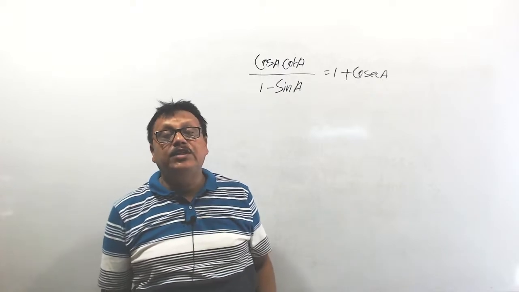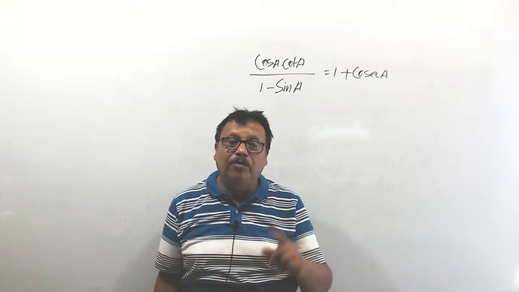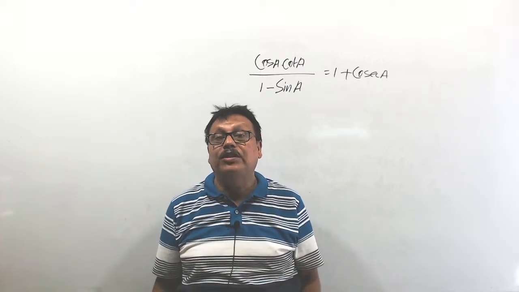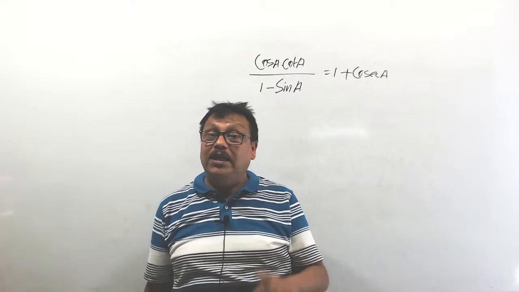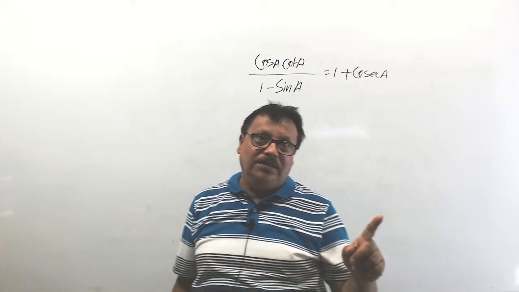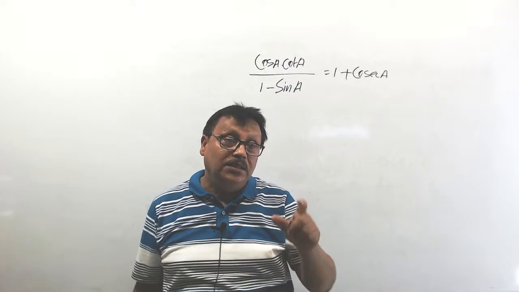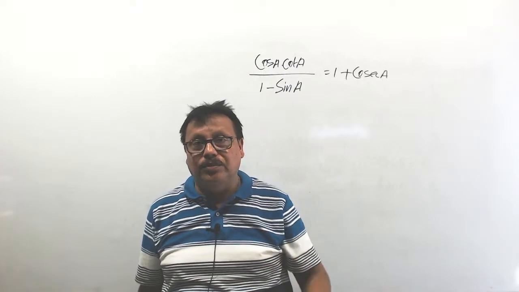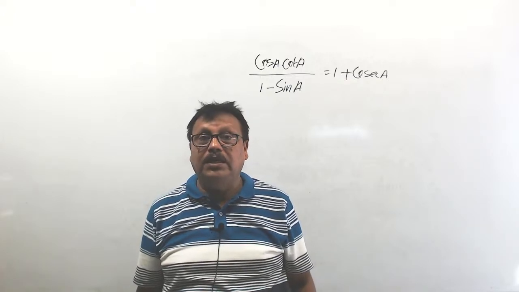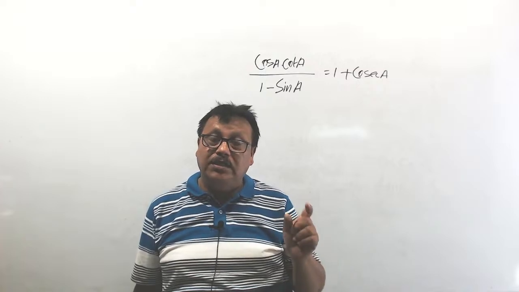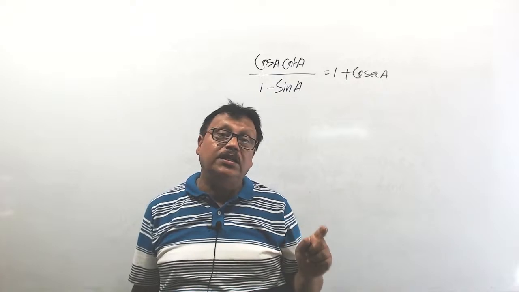Actually, what is the value of sin 0? Sin 0 is 0. What is the value of cos 0? Cos 0 is 1. You are getting 1 here. But there are more things behind that. Okay. More things behind that, sin square 0 and cos square 0 equal to 1. You can find the value directly. There are some standard angles: 0 degree, 30 degree, 45 degree, 60 degree and 90 degree.